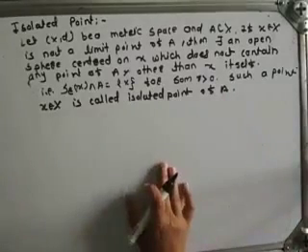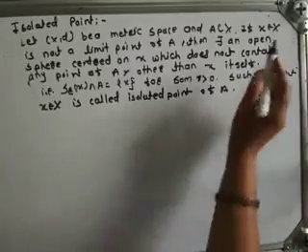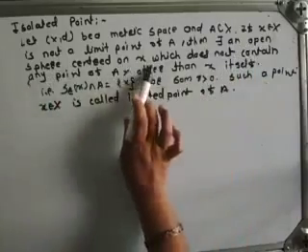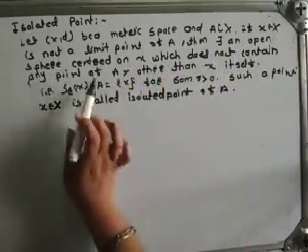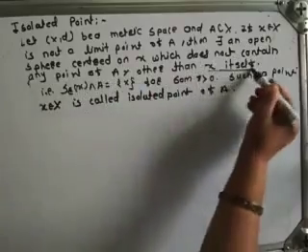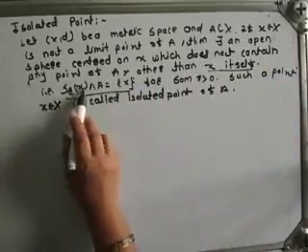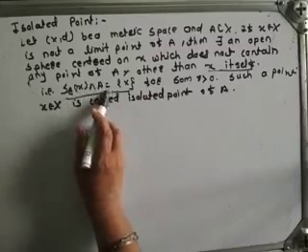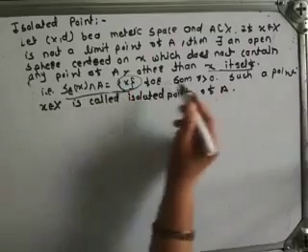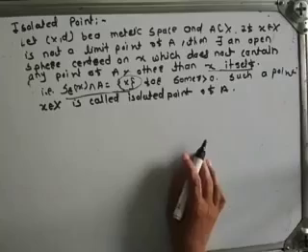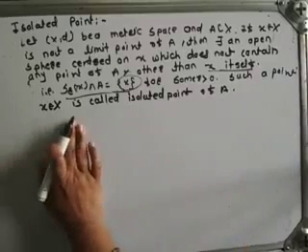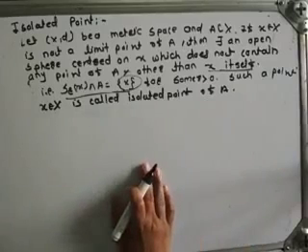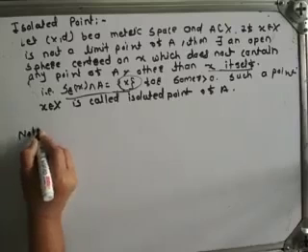See here, what is the definition of isolated point? If x is not a limit point of A, then there exists an open sphere centered on x which does not contain any point of A other than x itself, that is, the open sphere centered at x intersection A is equal to only the singleton {x}, for some r greater than 0. Such a point x belonging to X is called an isolated point of A. Let us take one note.